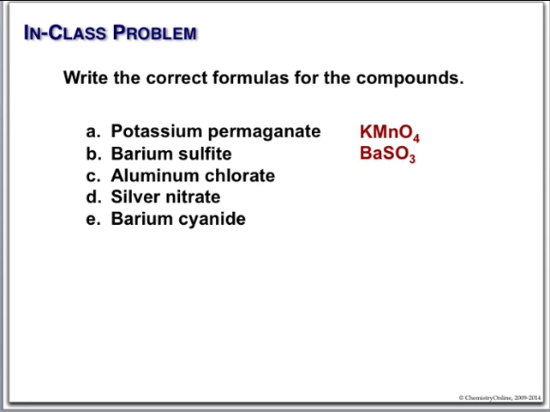So to get neutrality, we need 3 chlorates for every aluminum. Now when you write this as a formula, to make sure that it's clear that you have 3 separate chlorates, what you have to do is put the chlorate in parentheses and then indicate that we have 3 of them.